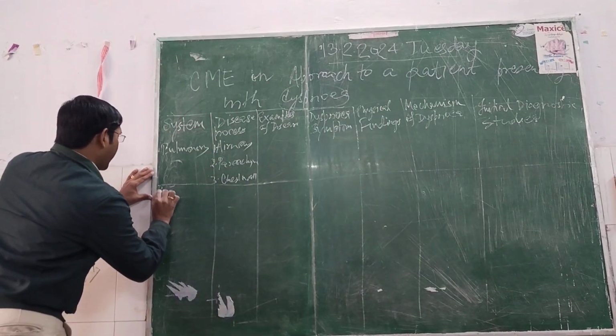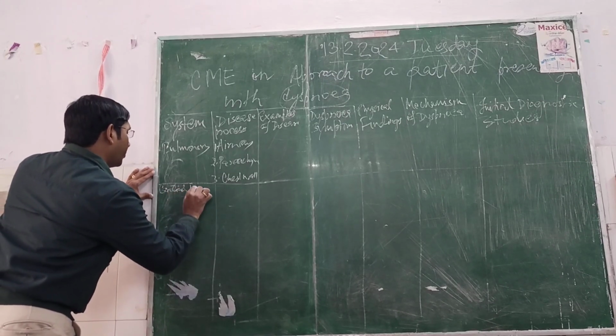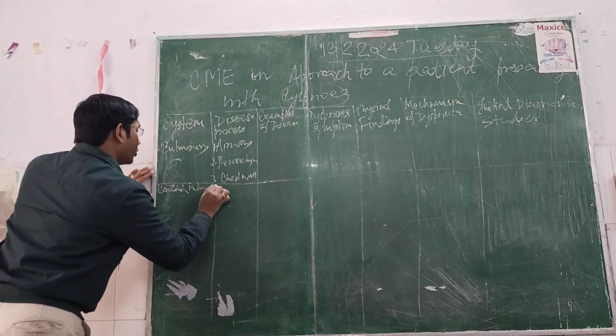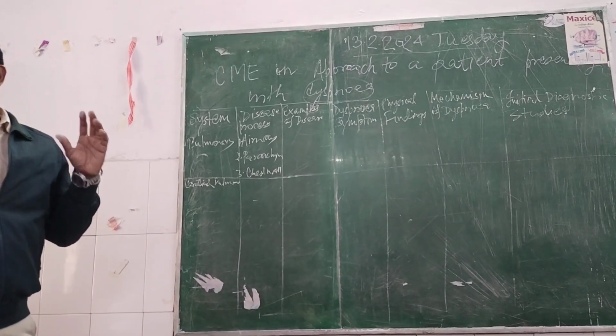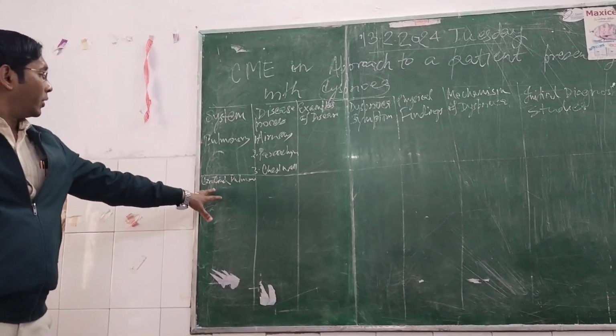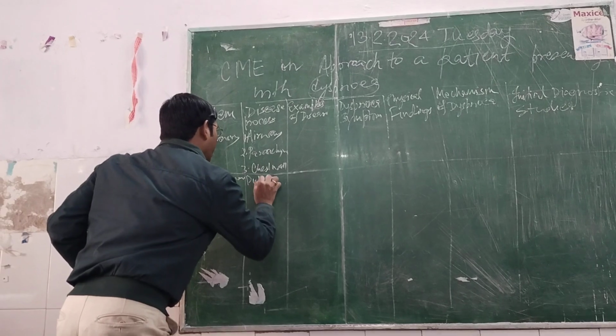Now the cardiac and pulmonary both combined. What is common in cardiac and pulmonary system? The common thing between cardiac and pulmonary system is pulmonary vasculature.